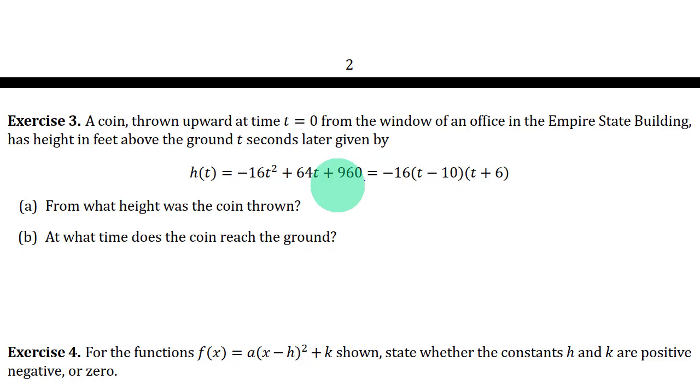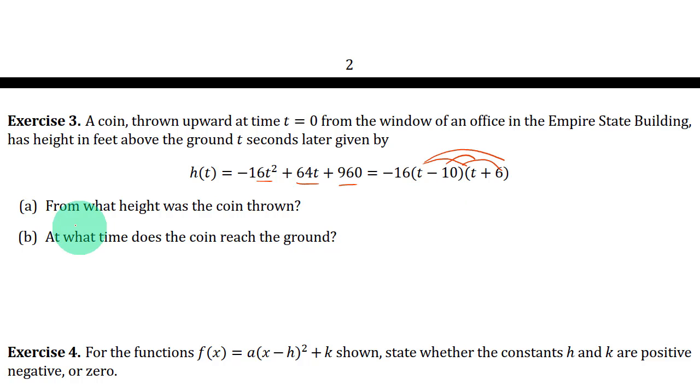And there's two different versions of it here. If you were going to take this and FOIL everything out, the t times -16, you'd get this stuff. The -10 times 6 would be -60 times -16 would be 960. It should all FOIL out to be the same thing. So it's written in both formats here.